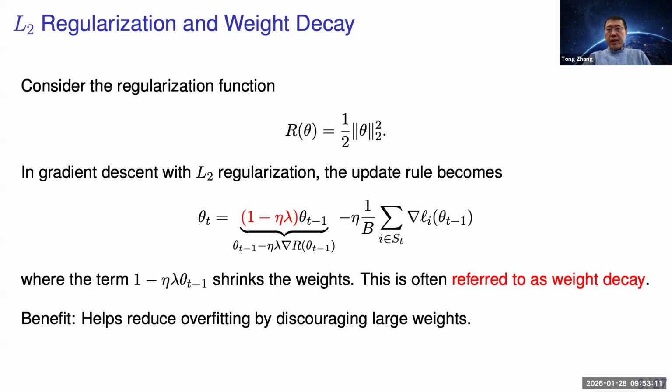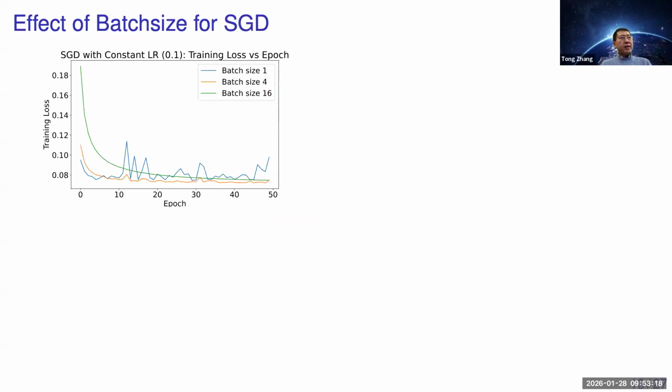Okay, let's move on. Now we look at the batch size effect. We are looking at what happens to the learning when you change the batch size. Learning rate is a little bit more important, but batch size matters. Intuitively, when you use more data, you have less noise, because you have more data to average.